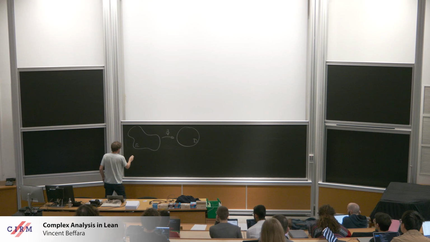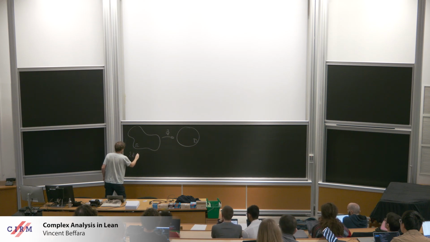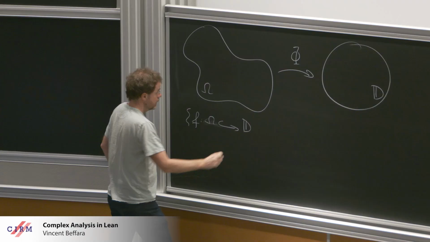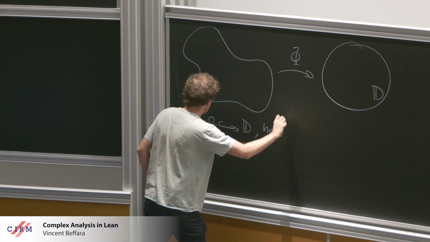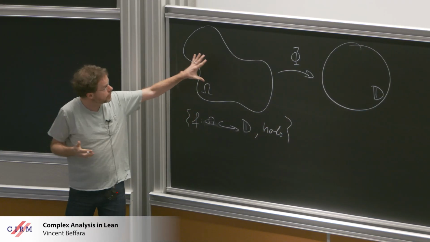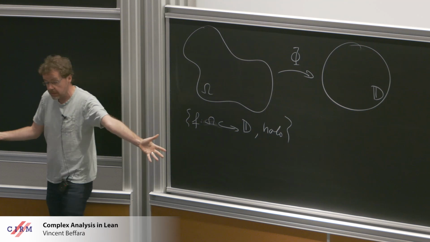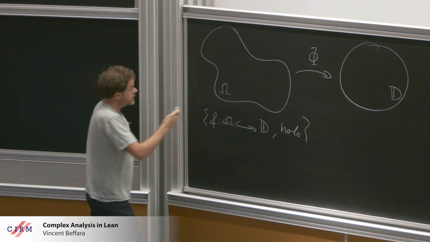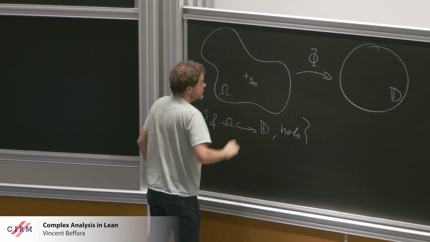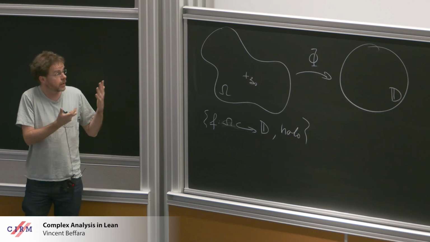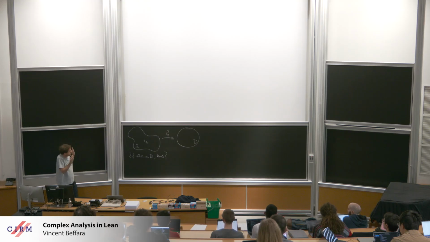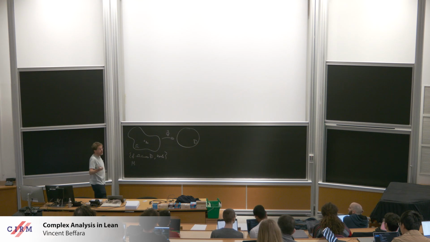So what we do is we look at the set of functions f that go from omega into the unit disk and which are holomorphic. So there are embeddings of omega in the unit disk. We fix a point z0 in omega, and what we do is we want to maximize. You are talking about injective functions?